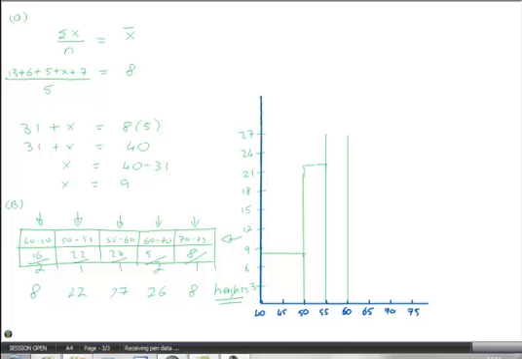Next interval is going from 60 to 70, and it's going up as far as 26. And the final interval then goes up to 8.